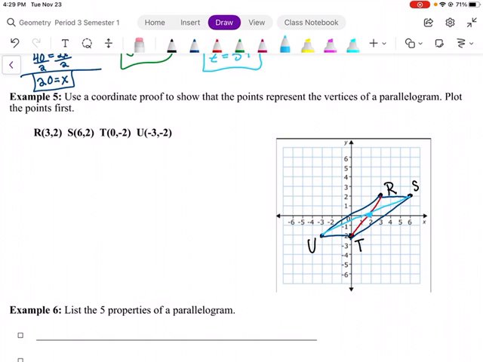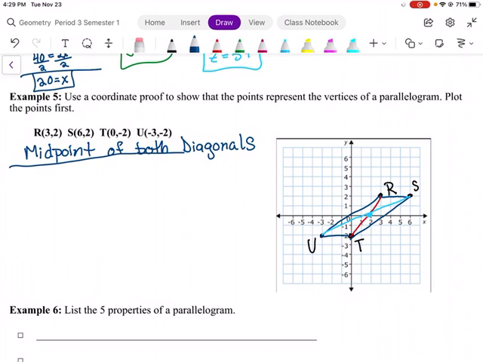So to prove that this is a parallelogram, we are going to find the midpoint of both diagonals. And if we can show that the midpoint of both diagonals are equal or the same, then we can say that this is a parallelogram.